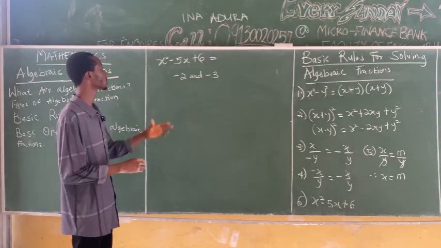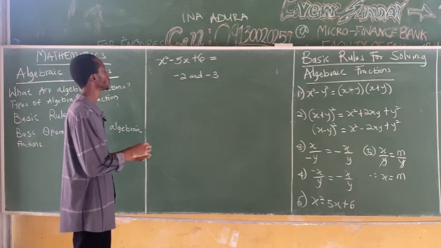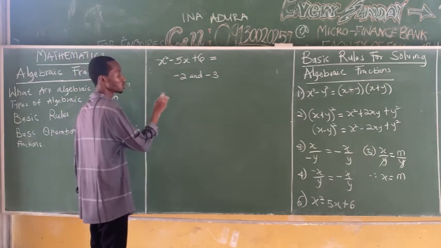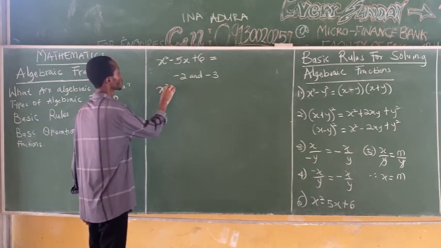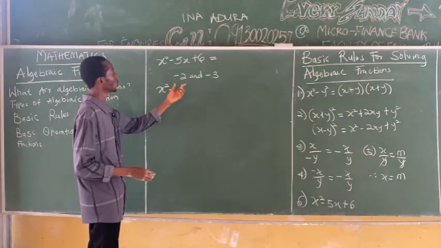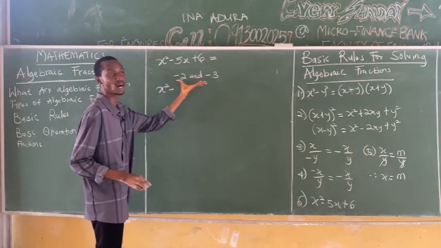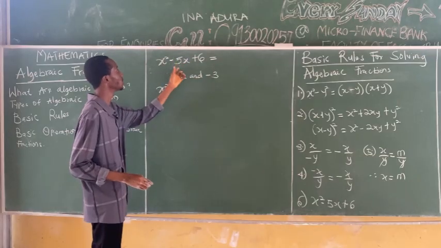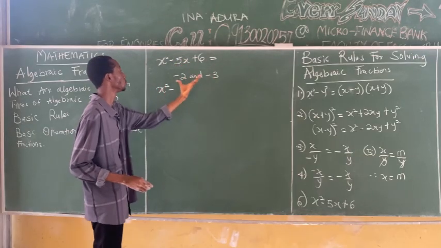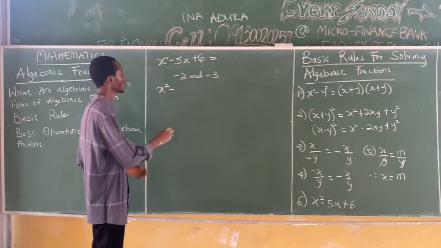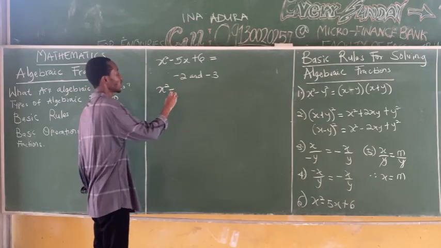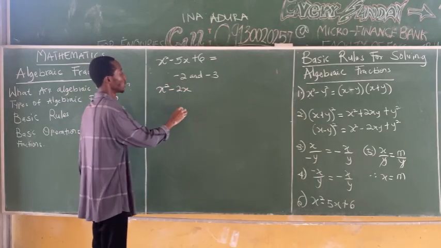We have the two terms minus 2 and minus 3. Now we write this equation in this format: x squared, and instead of writing the middle number, we replace it with these two values, minus 2 and minus 3. Minus 2, we attach x to it, which is minus 2x.